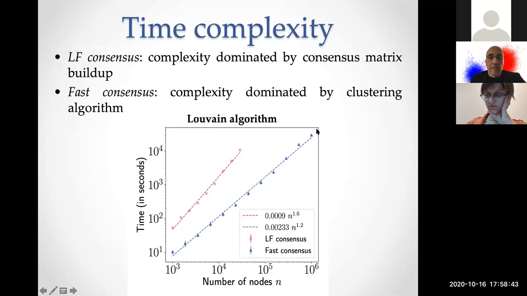So you see here how far we can go. We can go up to 1 million nodes, which would be completely unreachable by the full procedure. This is actually the reason why we did that: to get pretty much the same results, and better results, than the direct application of the clustering method of your choice on the data, at a much lower computational price.